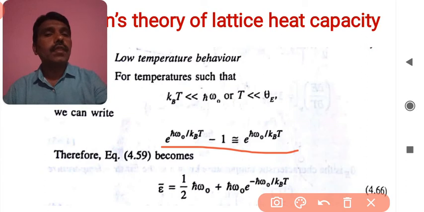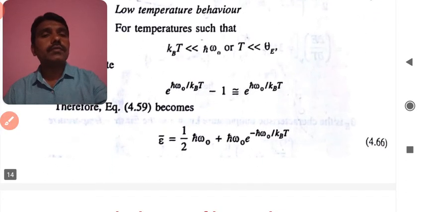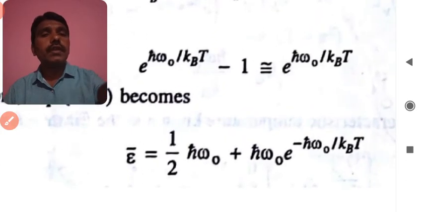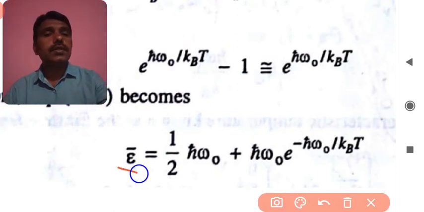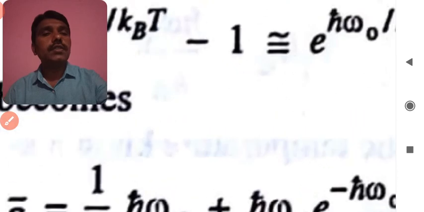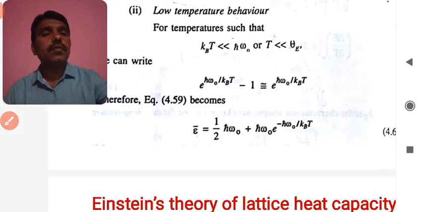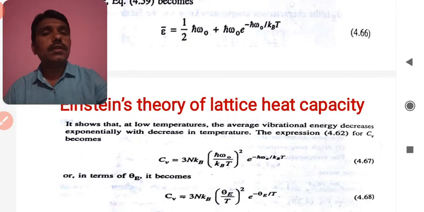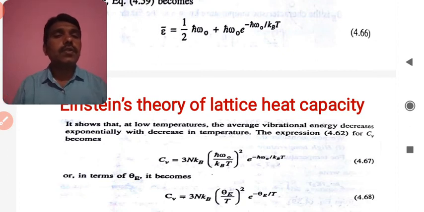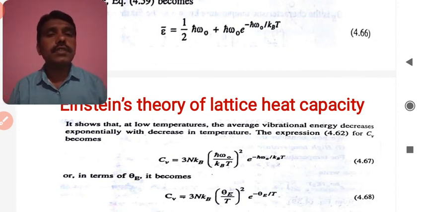And therefore the new relation that will be formed, the final relation, is epsilon bar equal to half h cross omega 0 plus h cross omega 0 into exponential of minus h cross omega 0 by kbt, and this relationship is again going to be simplified. At the lower temperature, the average vibrational energy decreases exponentially with the decrease in the temperature.